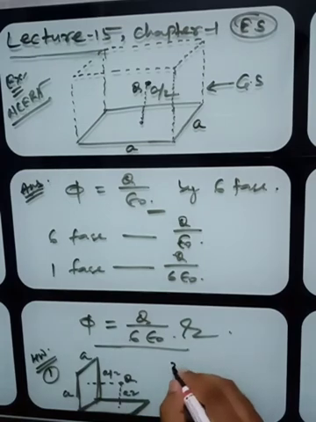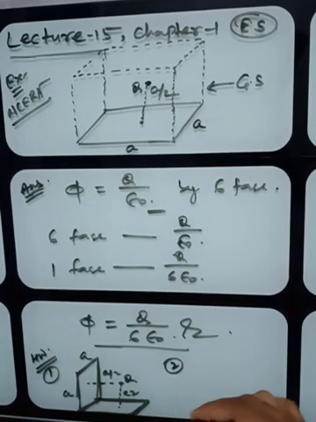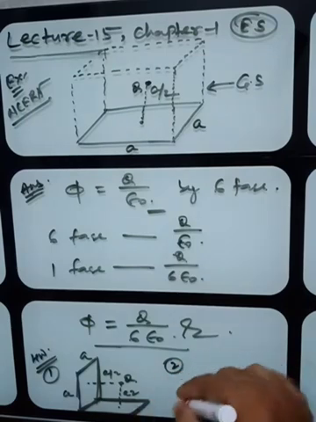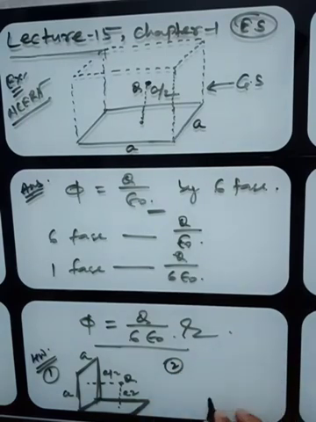And the second one is a little bit tough, but after a few practice you can solve. This is a circular plate. This question we will discuss in the classroom program, student.